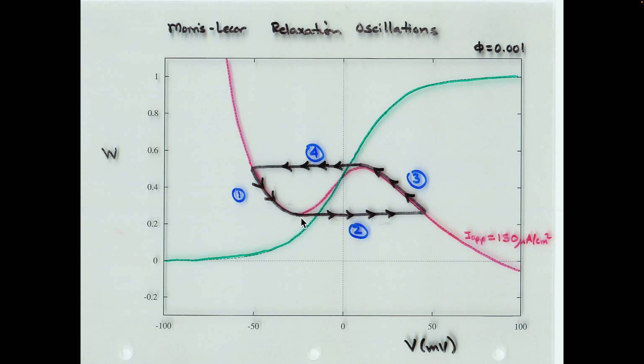At a certain point, the voltage has gotten high enough, W has gotten small enough, that there is only one steady state voltage, and that's a depolarized voltage over here. And so you'll jump off of this knee and quickly move to the right, because the voltage is a fast variable, and end up close to the voltage null line over here.